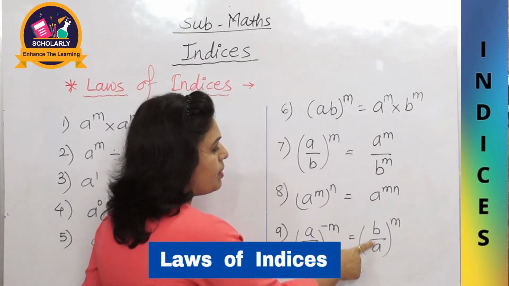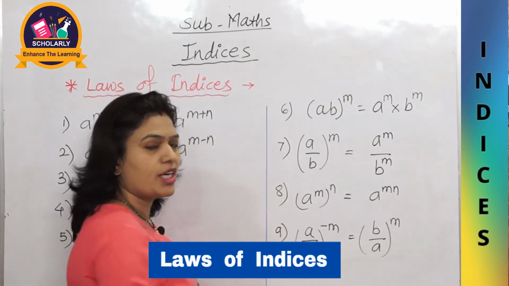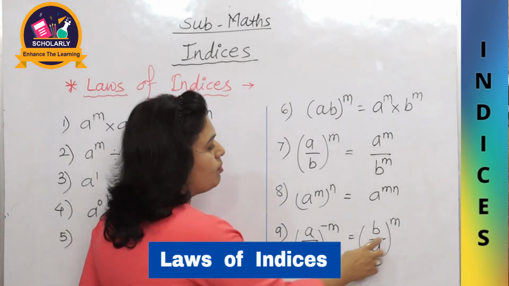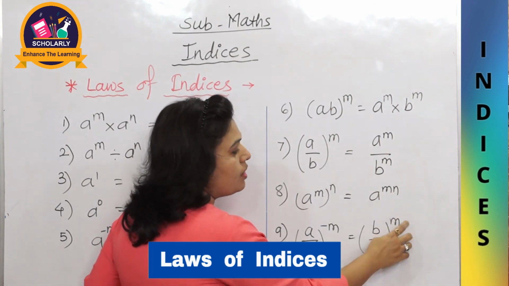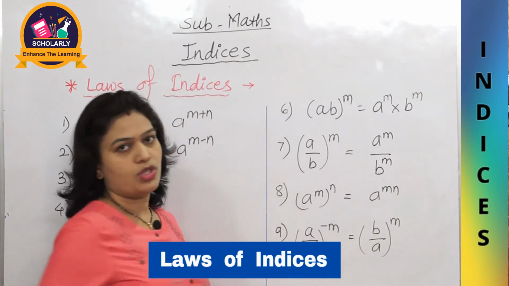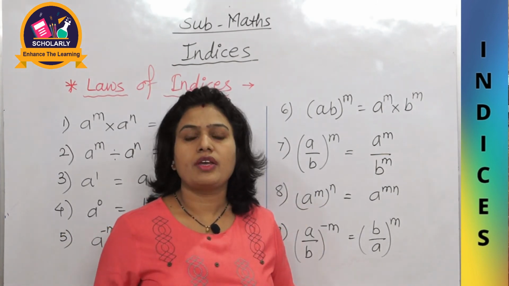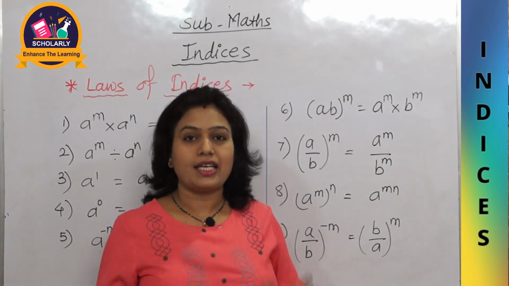So this b by a is the multiplicative inverse of a by b, or we can simply call it the reciprocal of a by b. Then the power will be positive like m, b by a bracket raised to m. So these were the laws of indices. Very simple. If you practice them with examples, then you will find them very simple and easy.